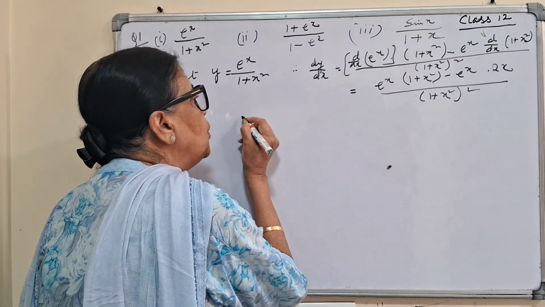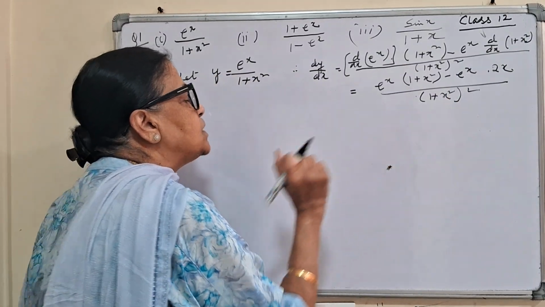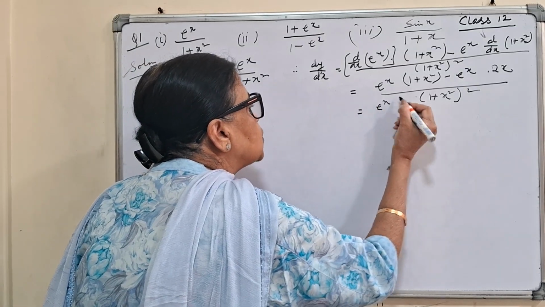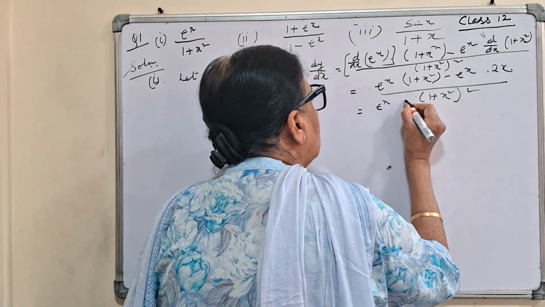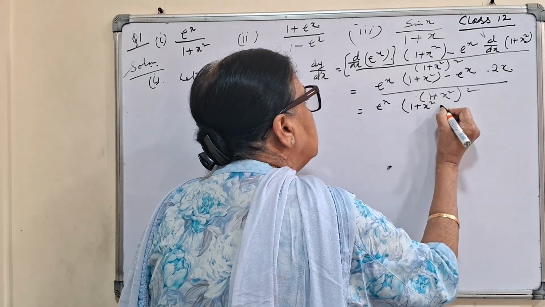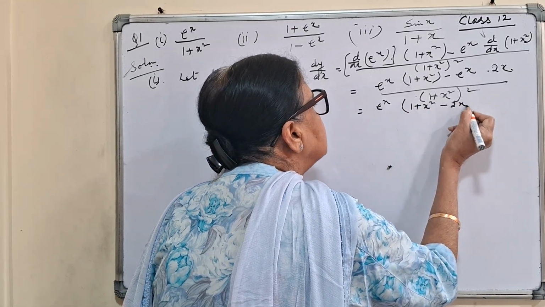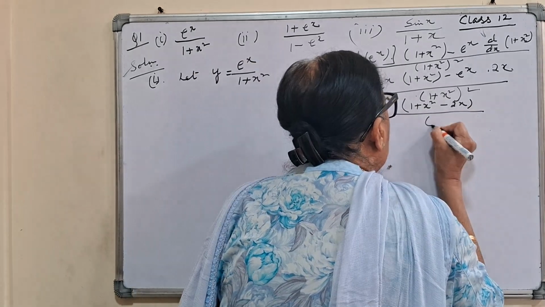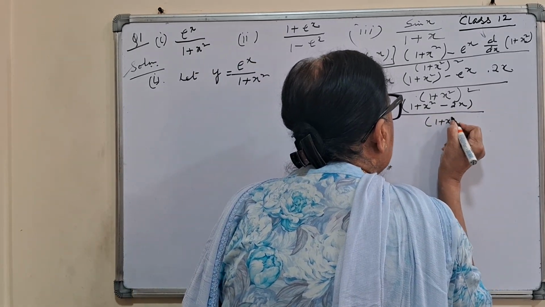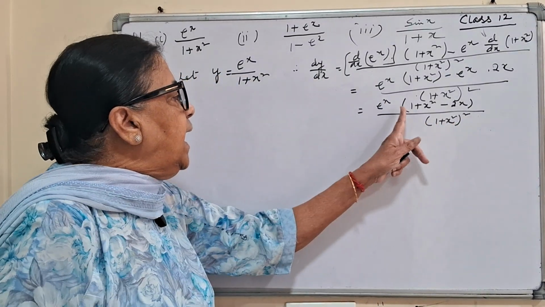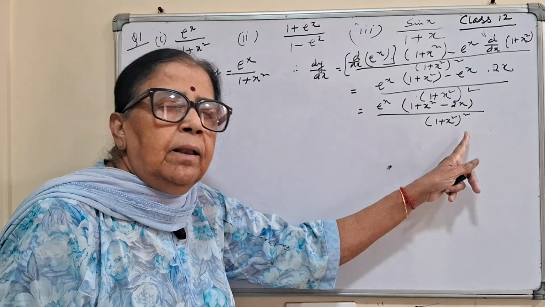That is equal to, I can take e raised to the power x common. So I have got 1 plus x square minus 2x, over (1 plus x square) whole square. This numerator is (1 minus x) whole square.